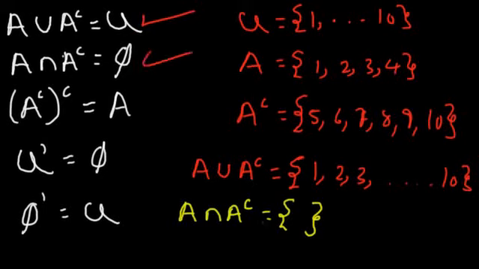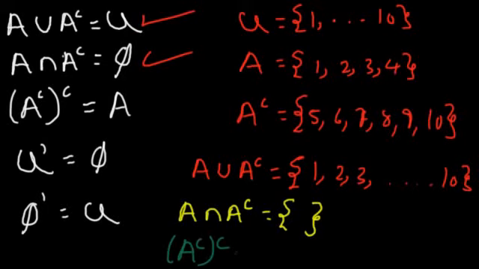Okay. Now the next one is that A complement raised to a complement is simply equal to A. A complement, we said, is 5, 6, 7, 8, 9, 10. Now we want to take the complement of this as well. This simply means elements that are in the universal set but not in the A complement.